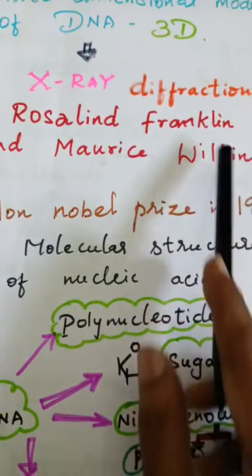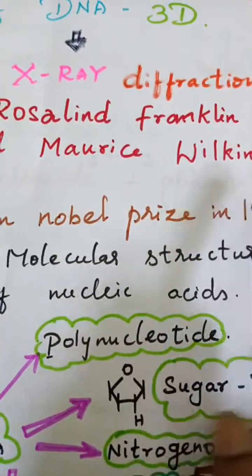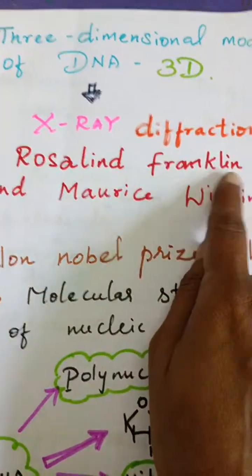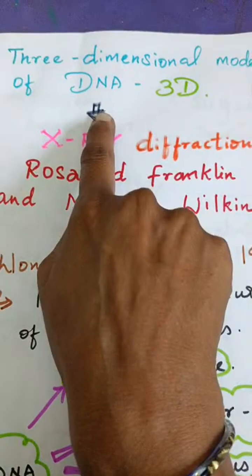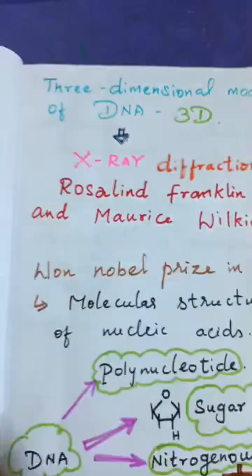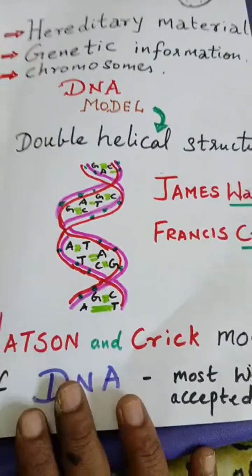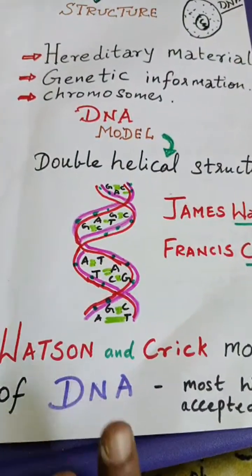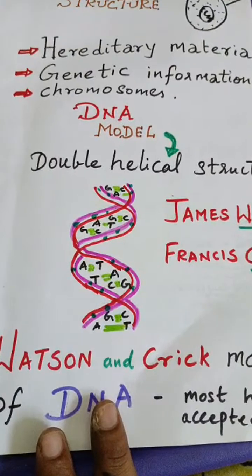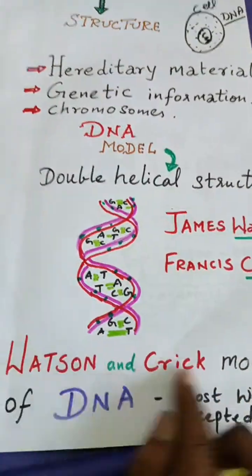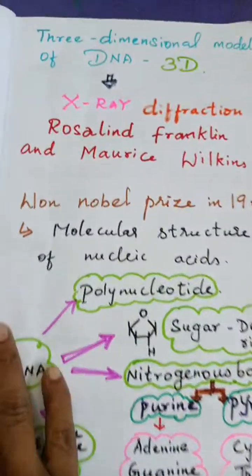These two great scientists proposed the X-ray diffraction studies of DNA. From this, Watson and Crick found the three-dimensional structure of DNA. Is that clear? That's why it's a 3D model, we can say. Okay, now let us move further.